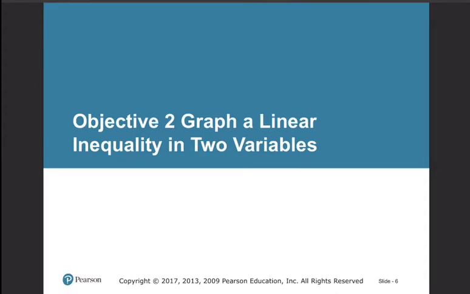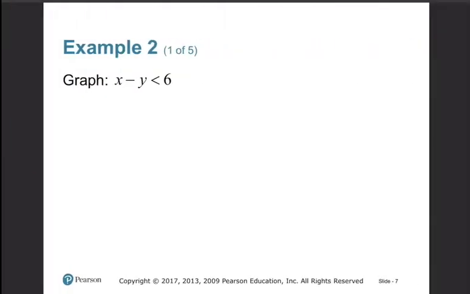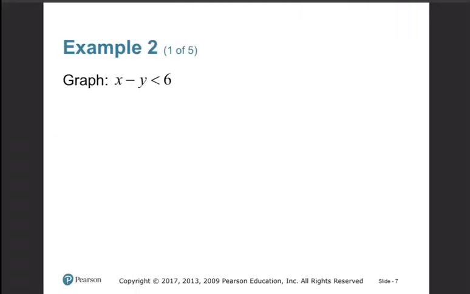Objective 2, graph a linear inequality in two variables. Now this involves several steps. So let's first do our little graph. And this is in the format of x minus y is less than 6, which is standard form.